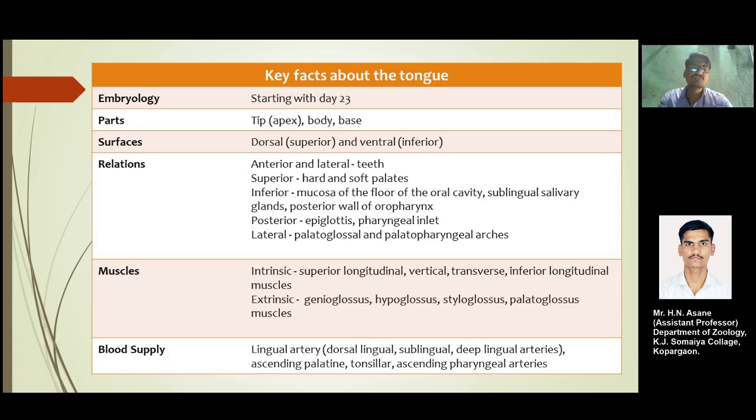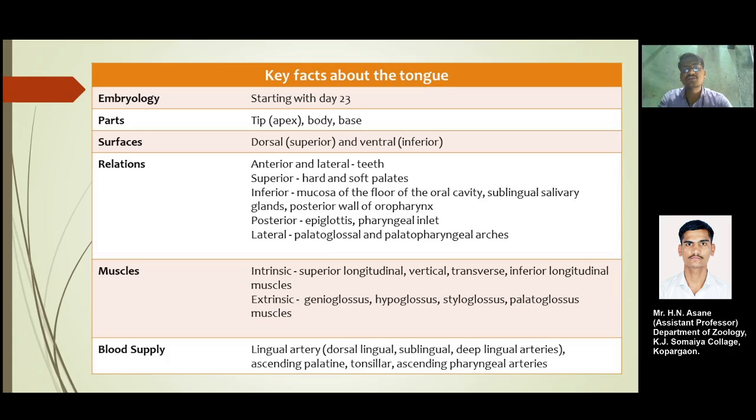Then the posterior part of the tongue has relations with the epiglottis and the pharyngeal inlet. Then the lateral part of that organ has the palatoglossal and the palatopharyngeal arches.